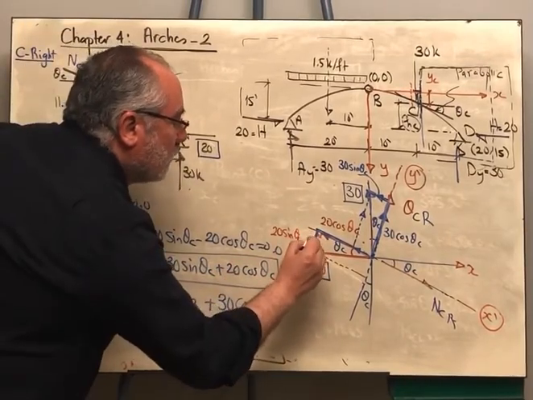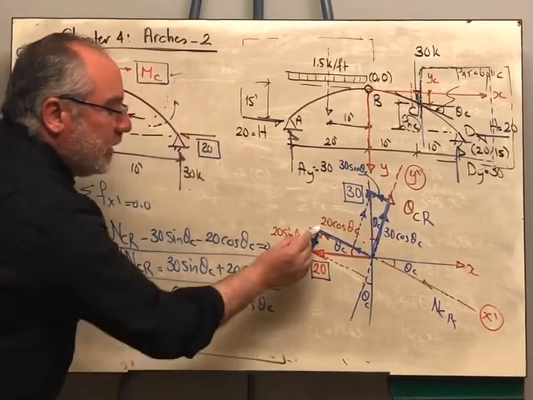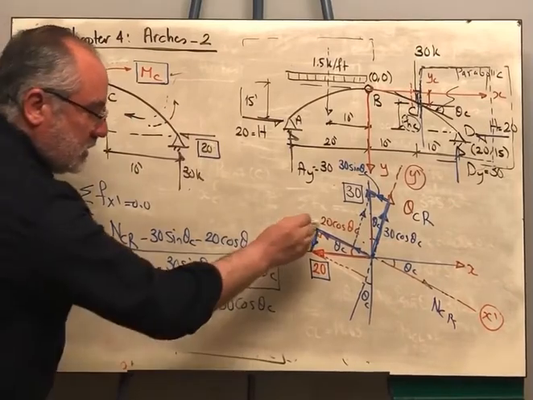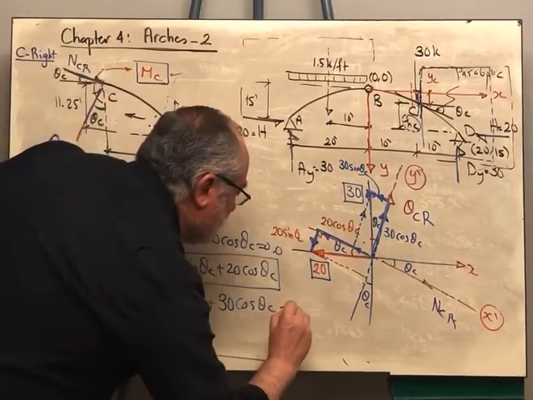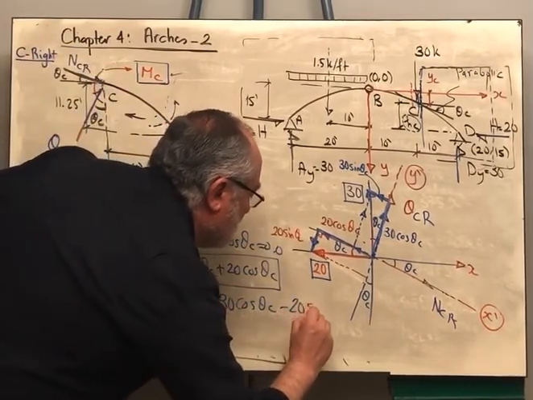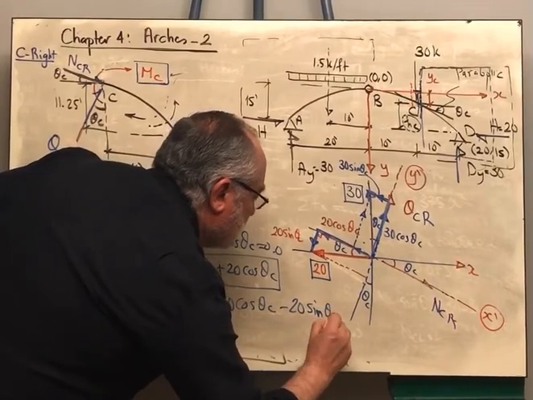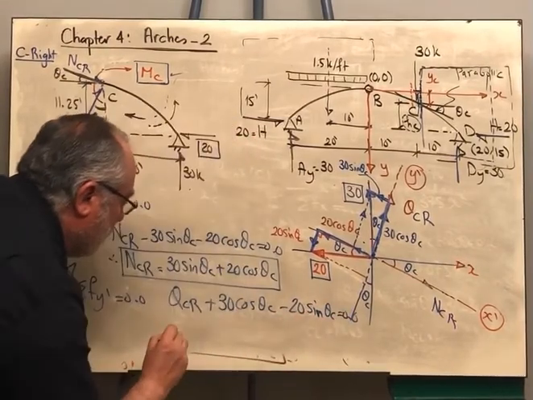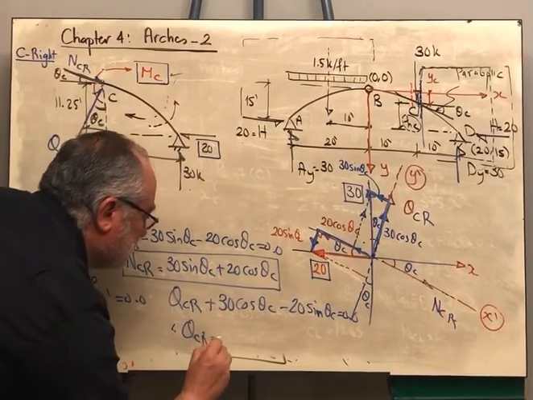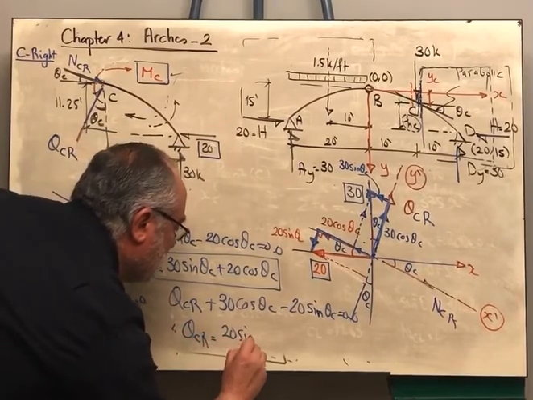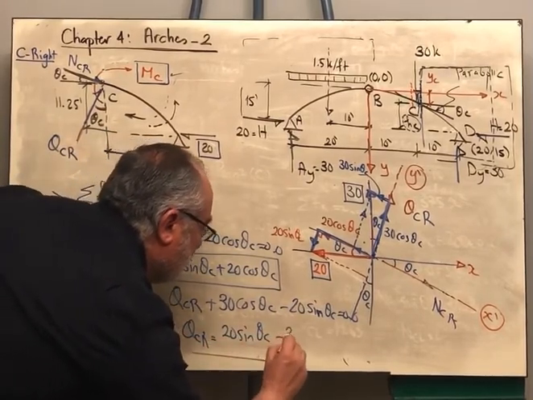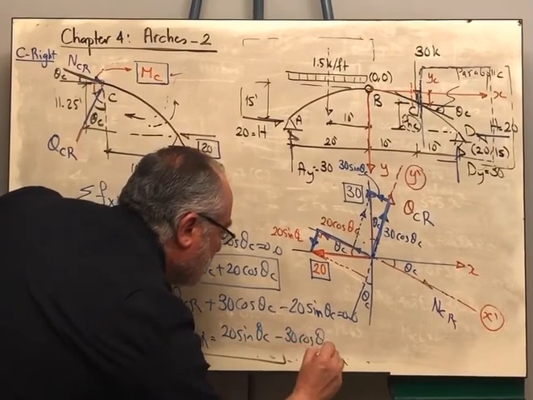The component of the 20 is against the positive direction because it is downwards. Then it is minus 20 sine theta c is equal to 0. From there, the shear will be 20 sine theta c minus 30 cosine theta c.